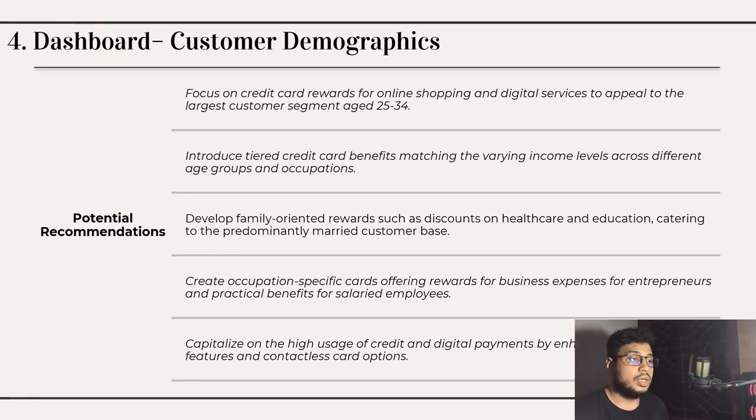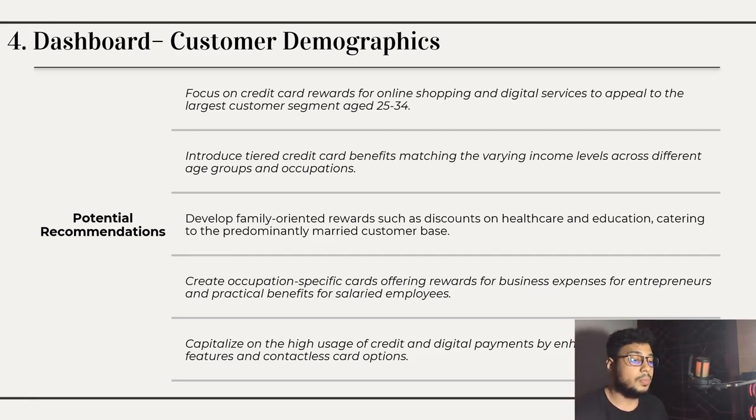We can also develop family-oriented rewards such as discounts on healthcare and education, catering to the predominantly married customer base, and create occupation-specific credit cards offering rewards for business expenses for entrepreneurs and practical benefits for salaried employees. And finally, capitalize on the high usage of credit cards and digital payments by enhancing mobile app features and contactless card options.